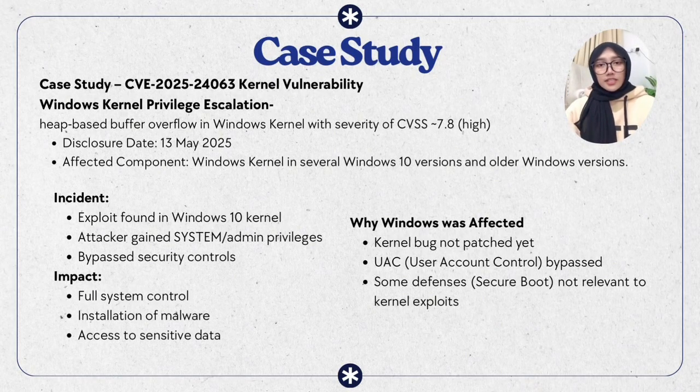The vulnerability is found in the Windows kernel and allows a local attacker to gain higher access, changing from a normal user to an administrator of a system. The attack used a heap-based buffer overflow, which lets the attacker run malicious code with high privilege and take full control of the system.